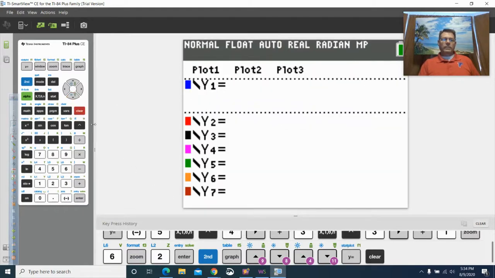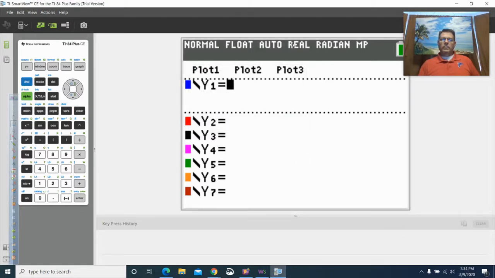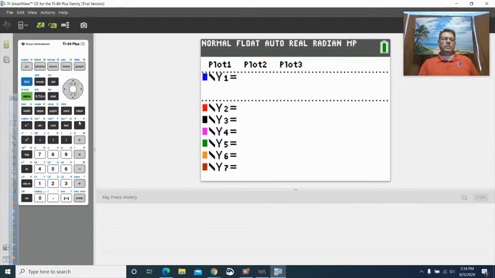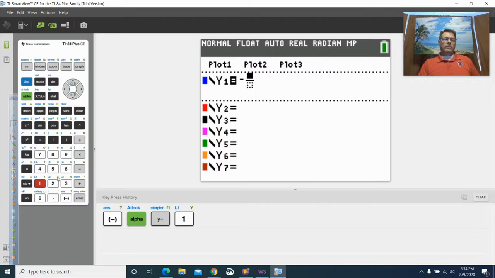Clear that. So that is that here. Okay. A little too big. Okay. So negative alpha y equal, bring in my fraction. We said that was 2 down 3 right arrow to get out of there.